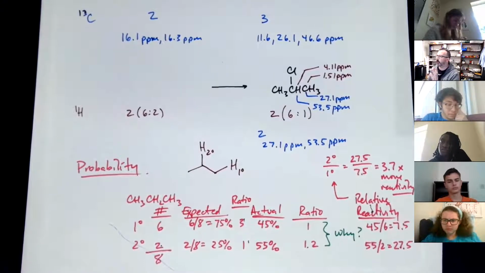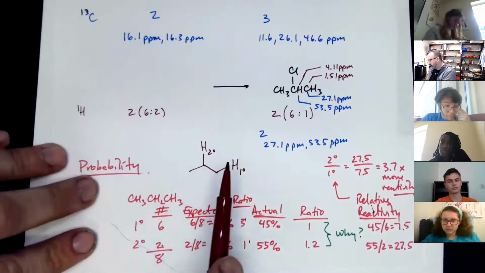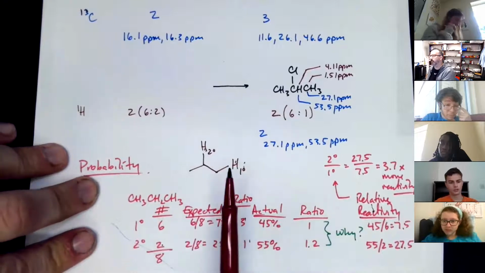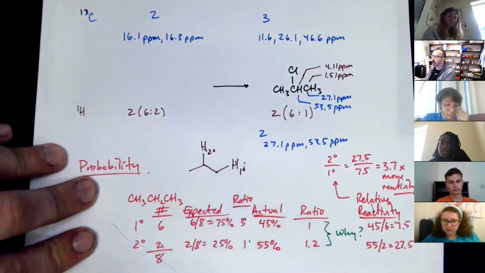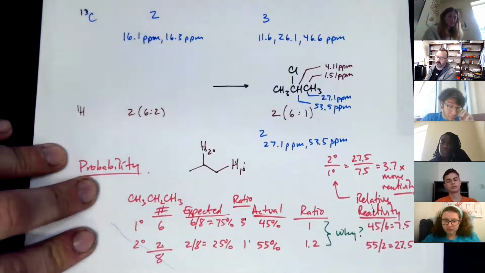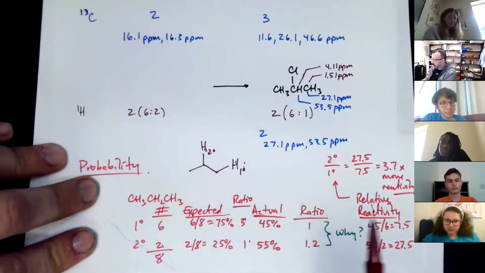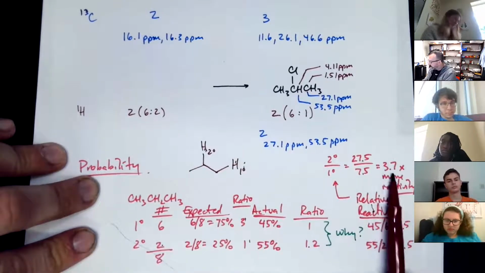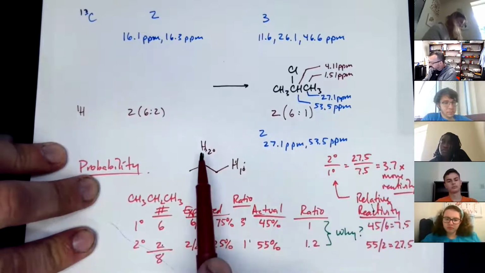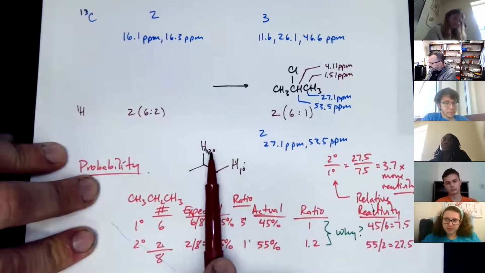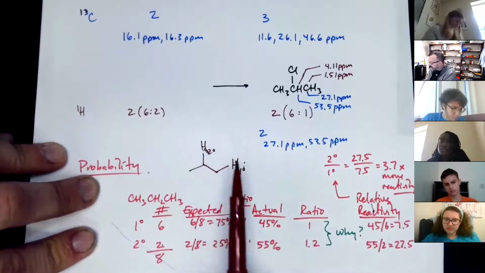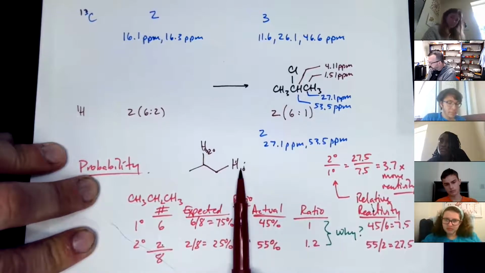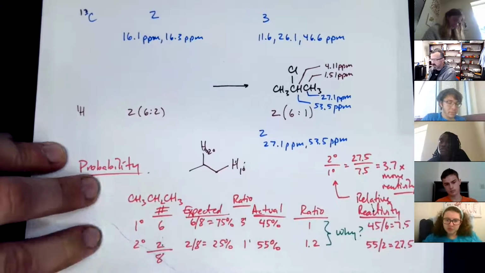But we want to be very rational in understanding when we have different types of hydrogens, which one gets substituted. So that's what we're aiming to do. So we want to understand, why is this? Why do we get more substitution here than we do here when we have this existing ratio?